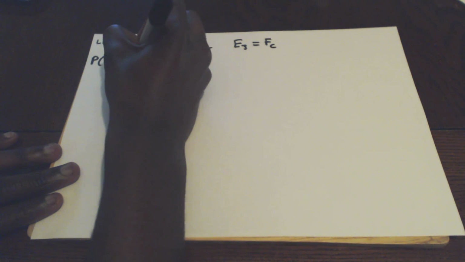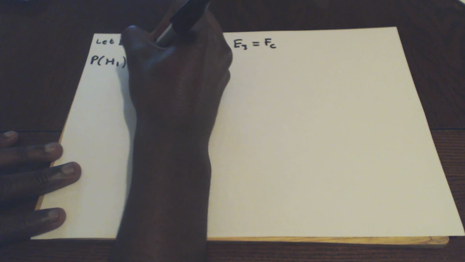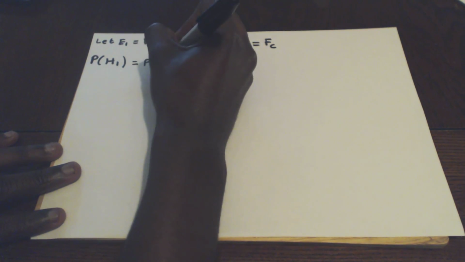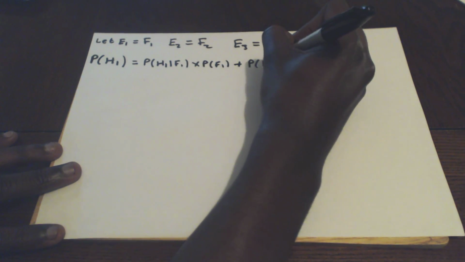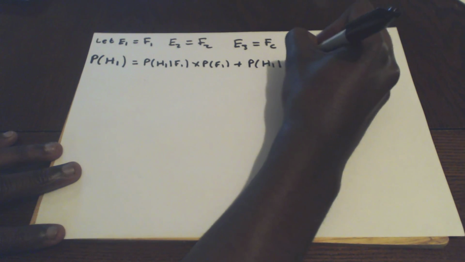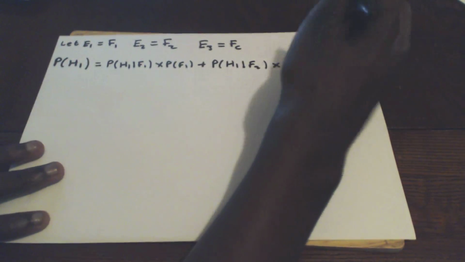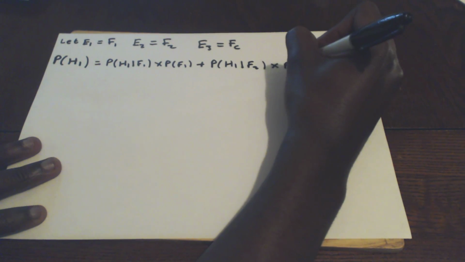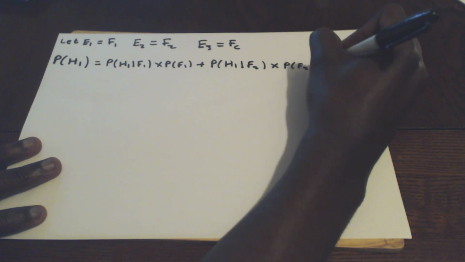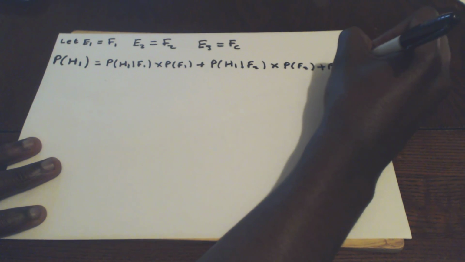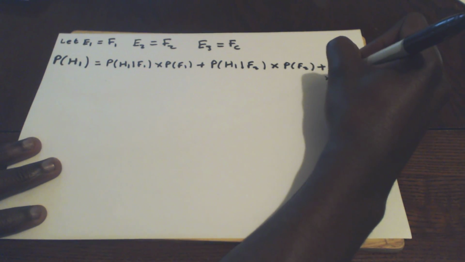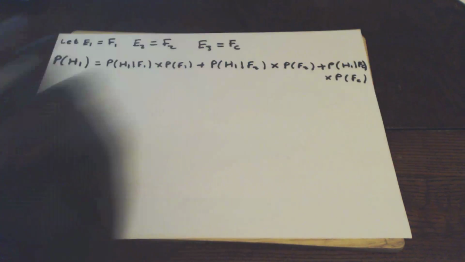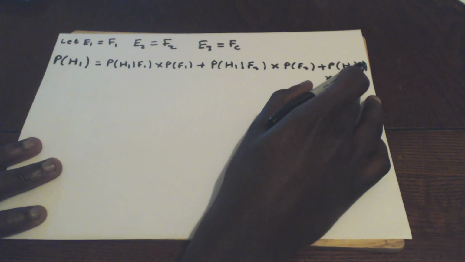So the probability of H1 by applying 7.1 is going to be the probability of H1 given F1 times the probability of F1, plus the probability of H1 given F2 times the probability of F2, plus the probability of H1 given FC times the probability of FC.